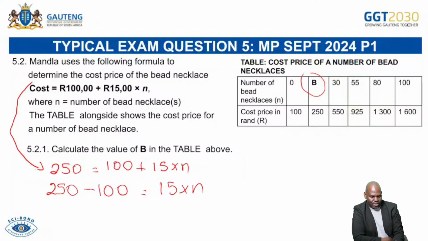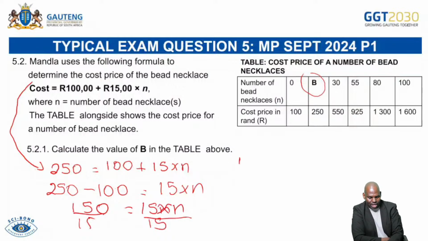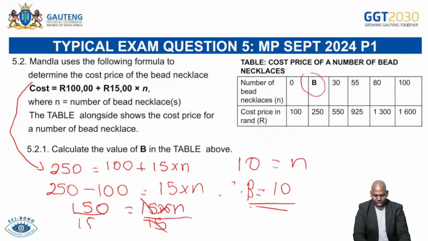And 250 minus 100, we get 150. So 150 equals 15n, or 15 times n. In order to get the value of n, we divide by 15, then therefore we've got 10 equals n. 15 and 15 will cancel out. 150 divided by 15 is 10. So that is why I've got 10 equals n. So therefore the value of B is 10. Okay, so that is the question.